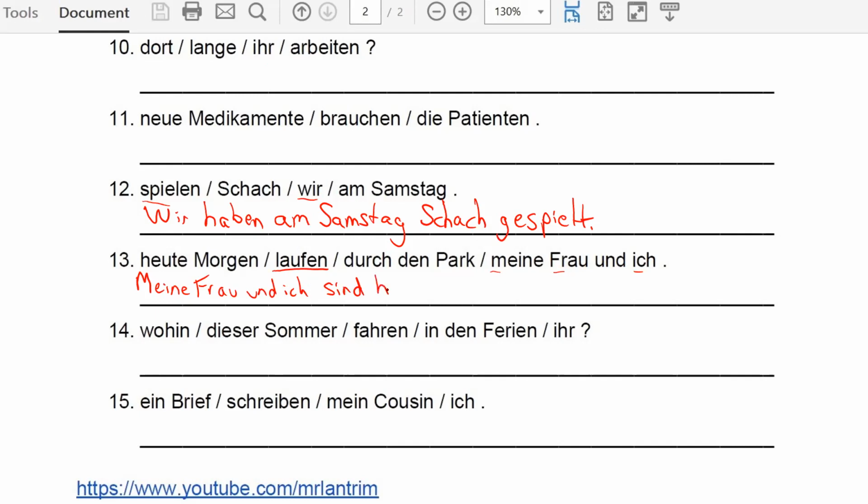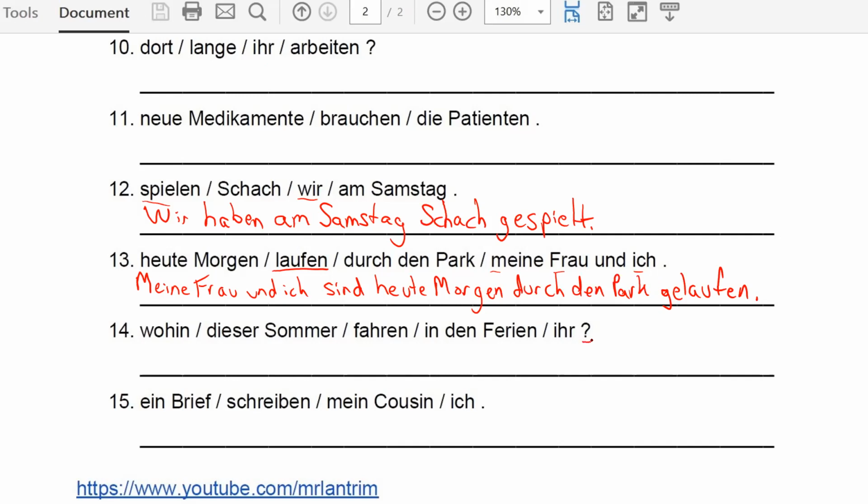So we have heute Morgen as our time. And then our place, durch den Park. And then our past participle of laufen is basically just the infinitive with the GE at the front, gelaufen. My wife and I ran through the park this morning. Meine Frau und ich sind heute Morgen durch den Park gelaufen.